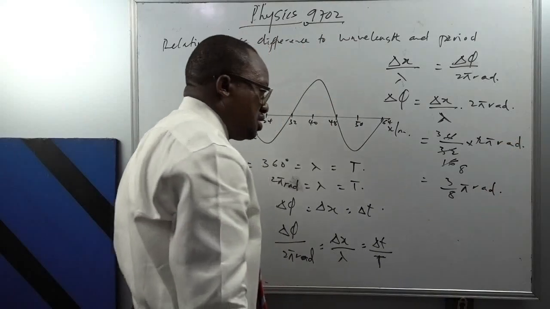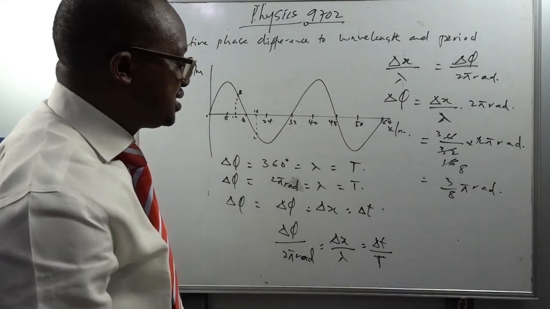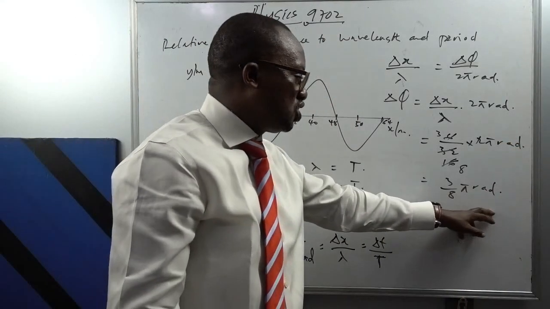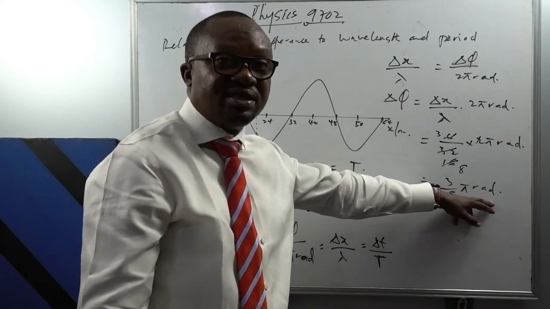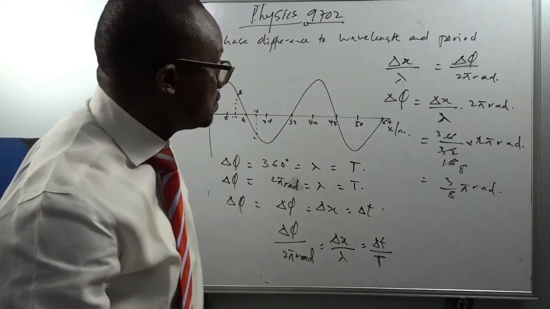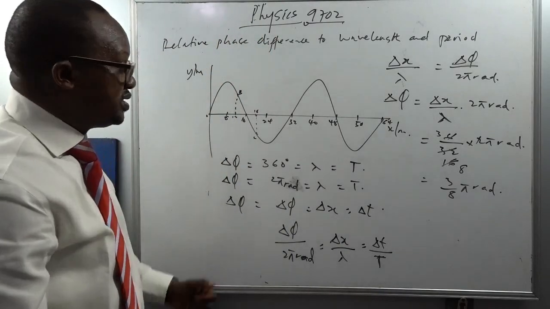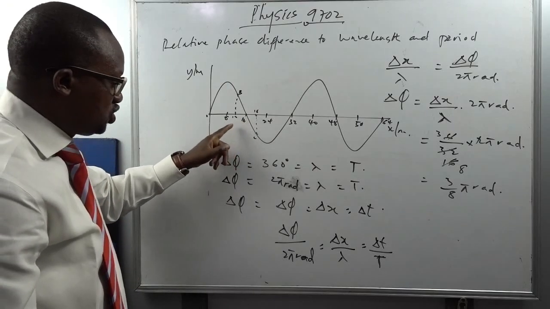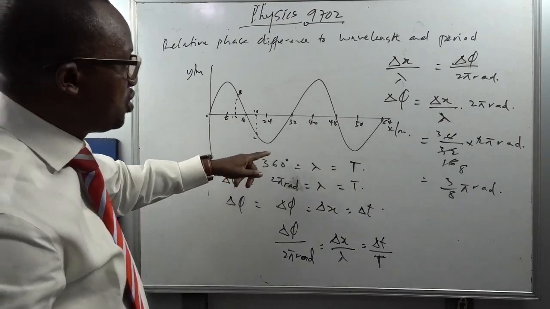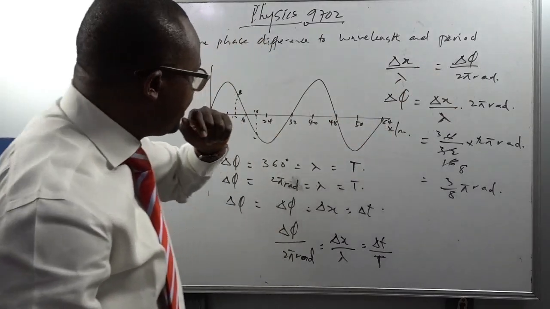And if you want to put it in degrees, pi radian is just equal to 180 degrees. So I just have 3/8 times 180 degrees. That is it. Okay, so with that, you can easily use the ratio of distance shift to one wavelength, which will be equal to phase difference over 2 pi radians.